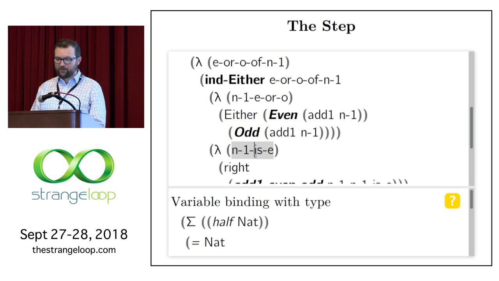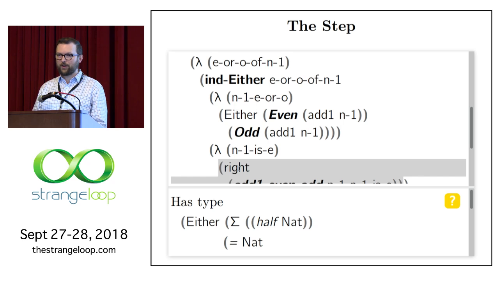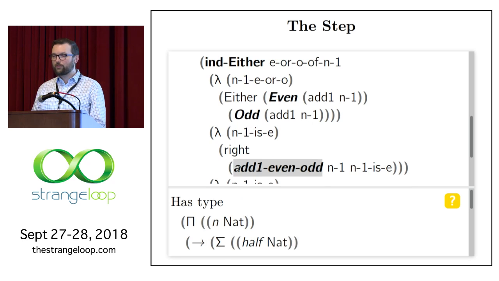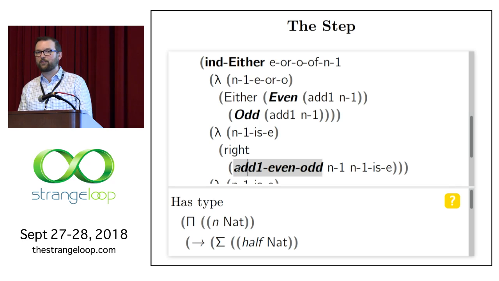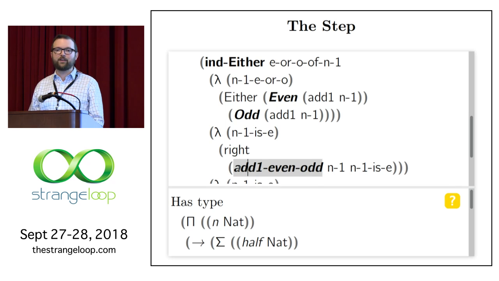If it were left, then we know that n minus 1 is even. And we know that if n minus 1 is even, then add 1 of n minus 1 is odd. So we put the right constructor around it, and then use this add 1 even odd in order to transform the evidence that n minus 1 was even into evidence that add 1 of n minus 1 is odd.